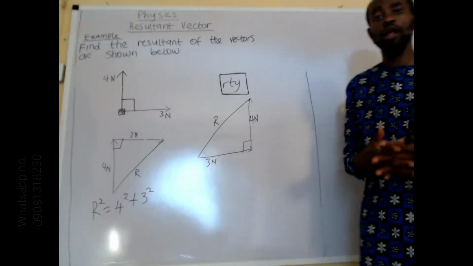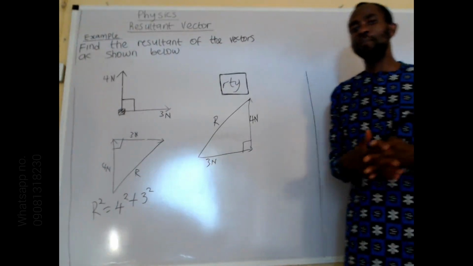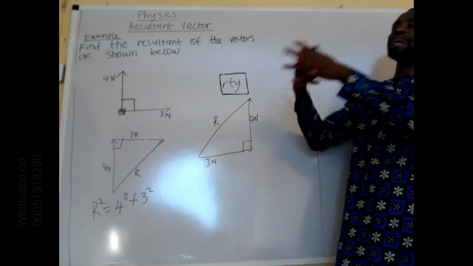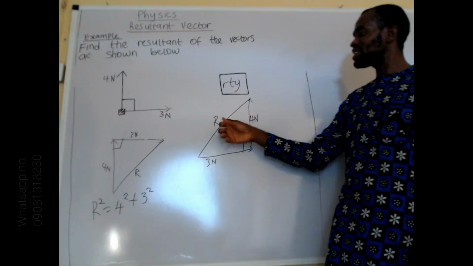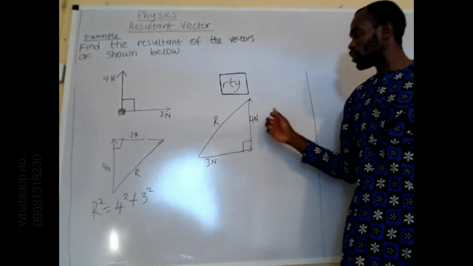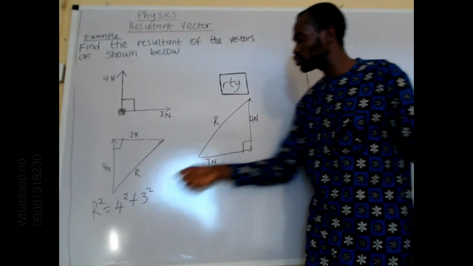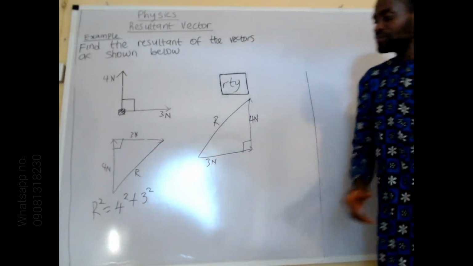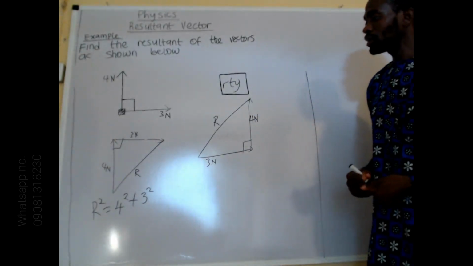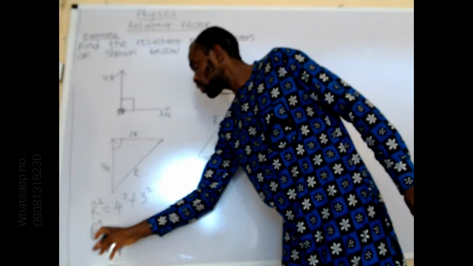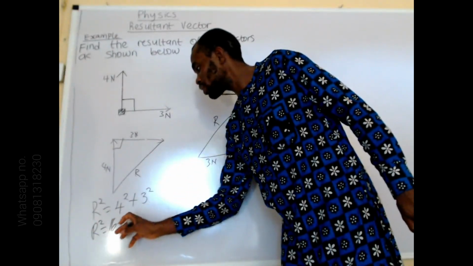As you can recall, Pythagoras theorem says the square of the hypotenuse is equal to the sum of the squares of the other two sides. The hypotenuse is R, so we square it. Then we sum the squares of the other two sides, which will give us this. Now, R squared is equal to 16 plus 9.